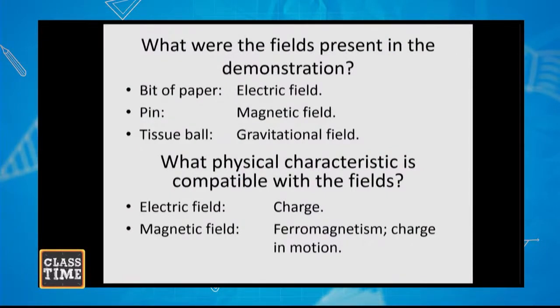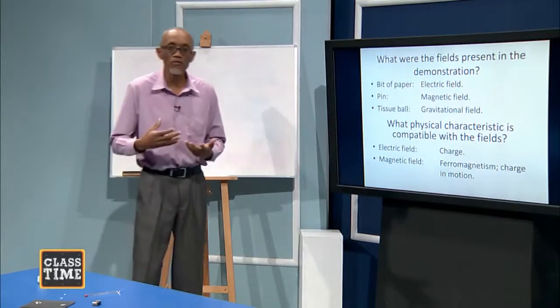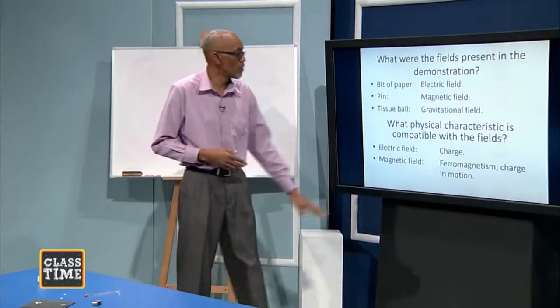An object must be what is called ferromagnetic. It must have some derivative from iron, some property of iron, and that is called a ferromagnetic material. In that way the object would be able to be attracted or experience a force when it is in a magnetic field.